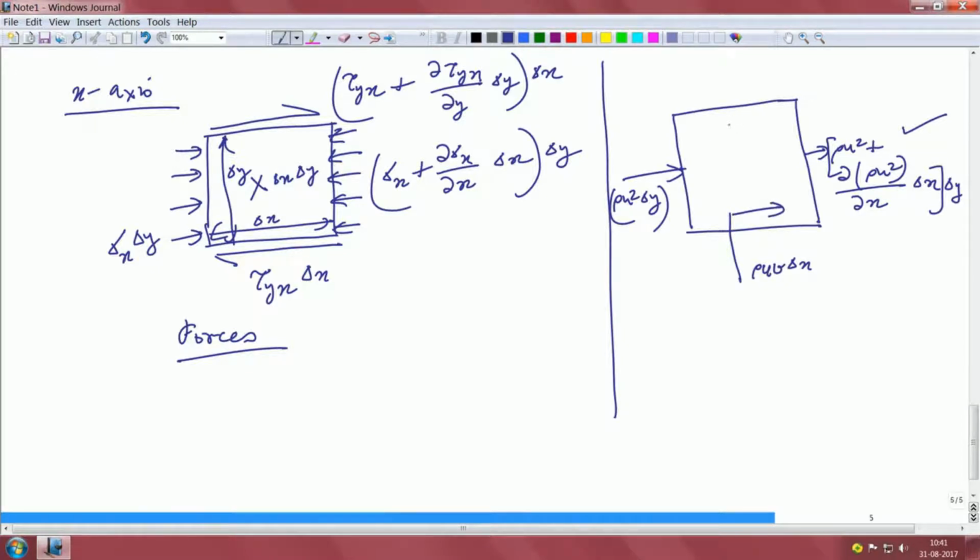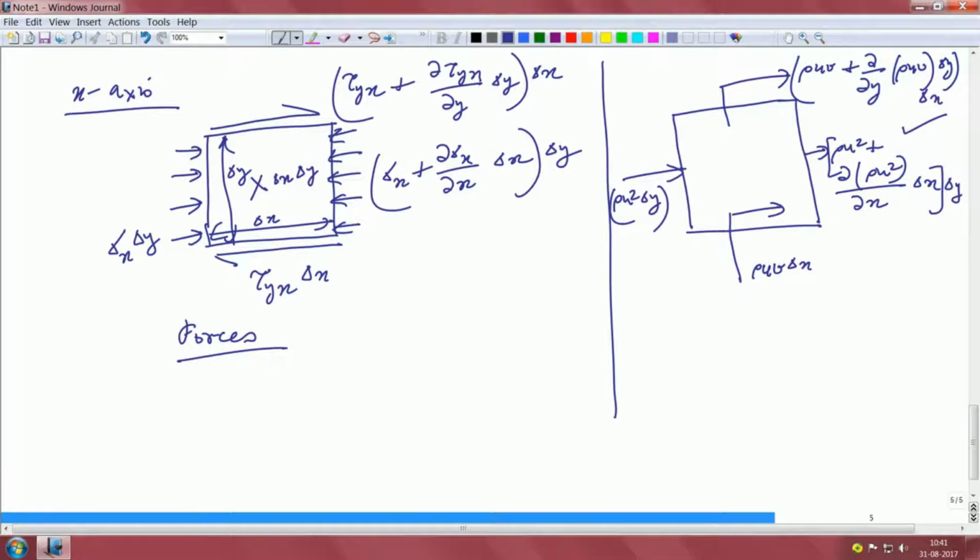Similarly, there will be mass which will be exiting the control volume, but it may be washed away by the u component of the velocity. So that will be given by rho u v, that term is common, plus once again the same Taylor series expansion of the whole thing, d by dy of rho u v, into delta y, and the entire thing is multiplied by delta x.